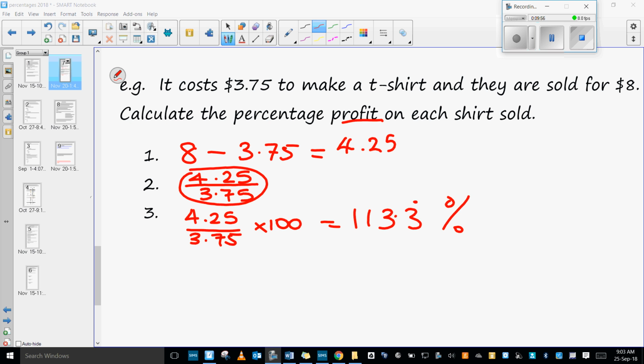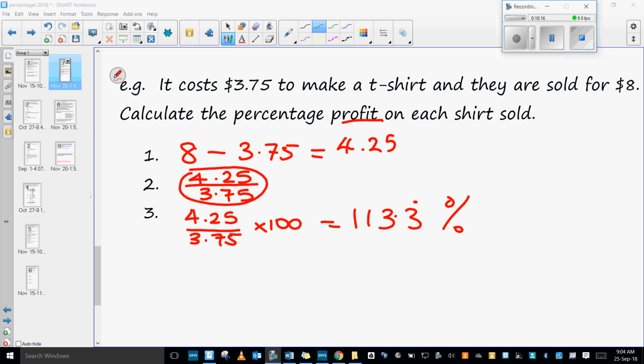So in this situation, you may end up with more than 100%. Not often, but sometimes. James? You make it more than 100%. Why can you? Yeah. Well, because you want to try and make as much profit as possible.